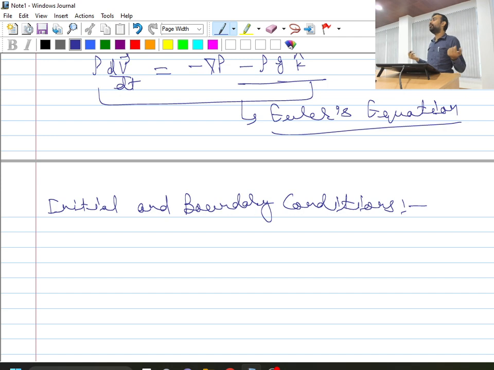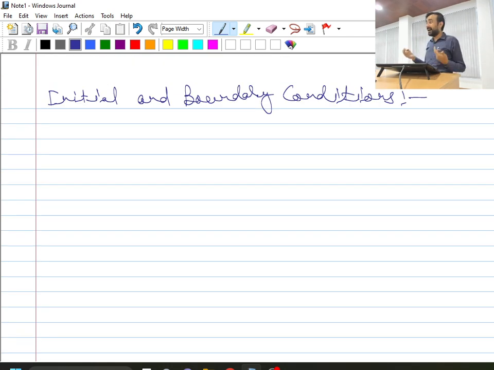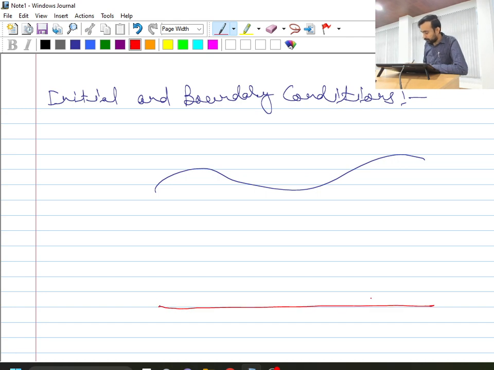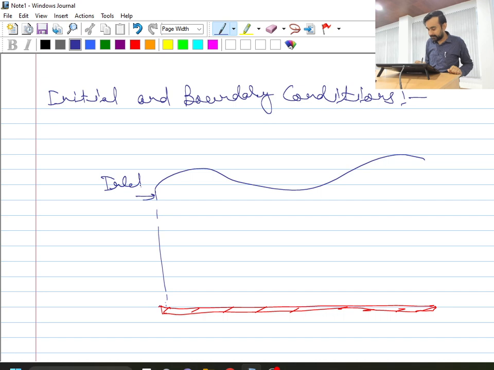So typically for fluid flow, what type of situations can occur, that I will first specify to you. Say I can have a flow field something like this. This is my fluid medium, and say here I have some solid obstruction in the flow. So this is some solid boundary, and say this particular point is the inlet of the flow, and this particular point is the outlet of the flow.